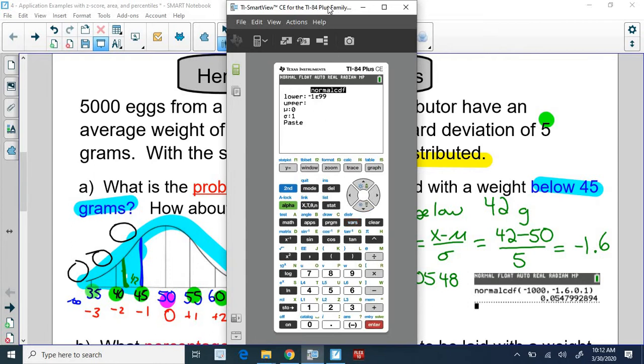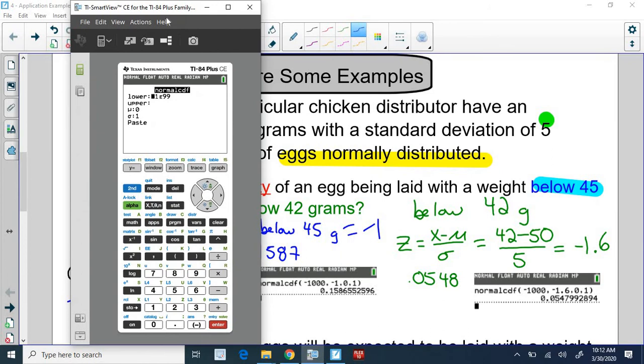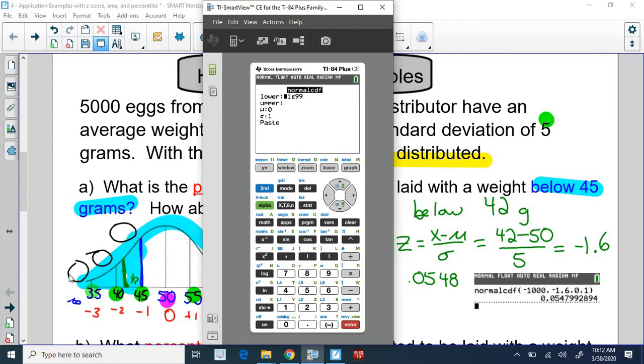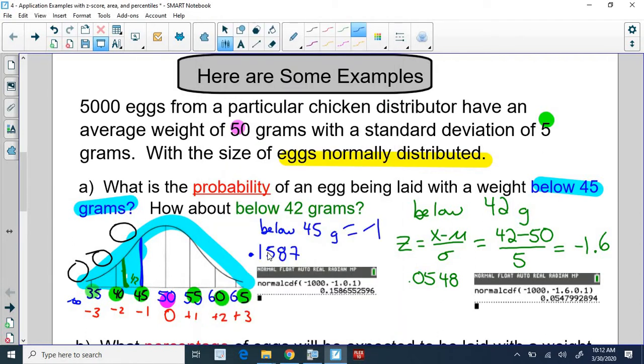The calculator is looking at this domain, so the domain is negative infinity to -1. You can leave that in there, you can put in -1,000 if you want. And then you go to -1, and then it will tell you the probability. So the probability here is 0.5186. So that's the answer.